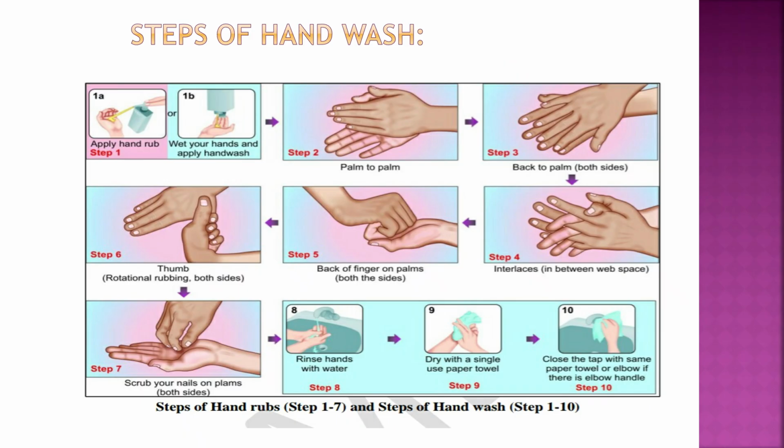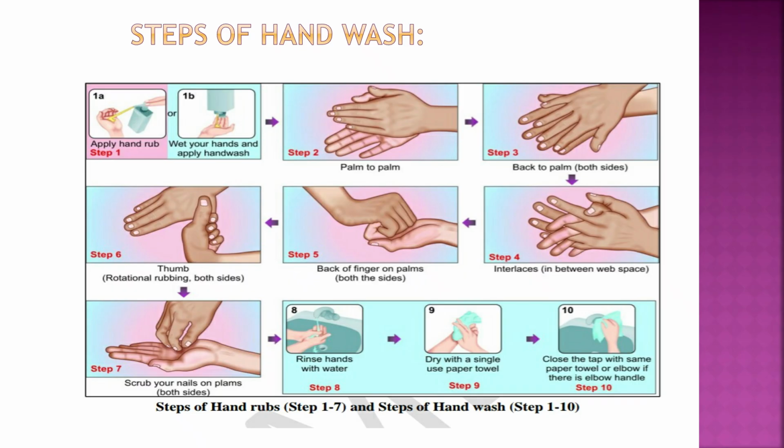So here you can see the steps of hand wash. So for the hand rub, when we are using alcohol based sanitizer, total steps are 7, and for hand wash when we are using water and soap, or liquid soap, then total steps are 10. So first you have to apply hand rub or liquid soap or soap.